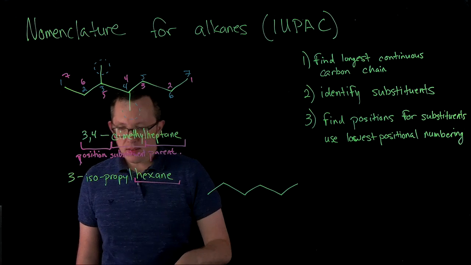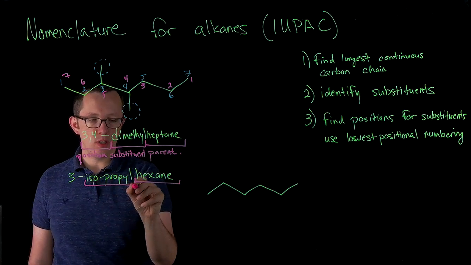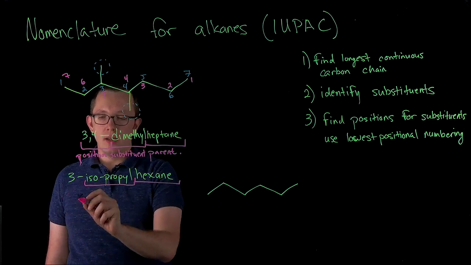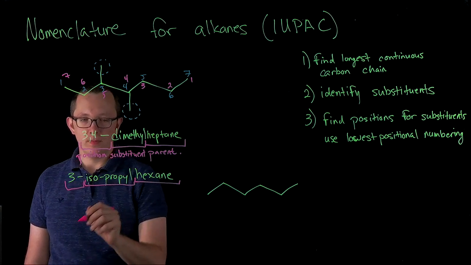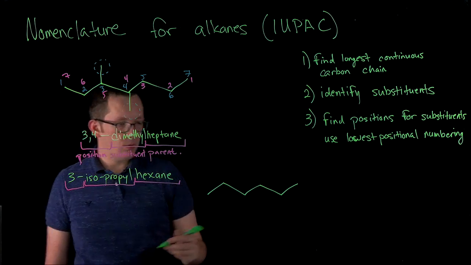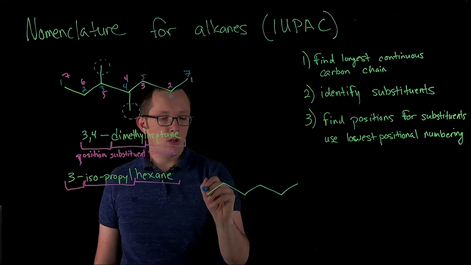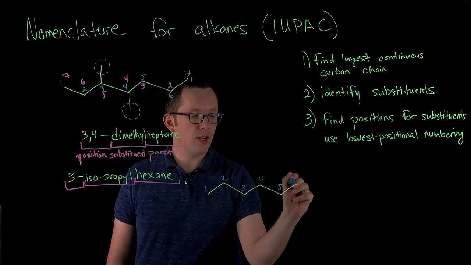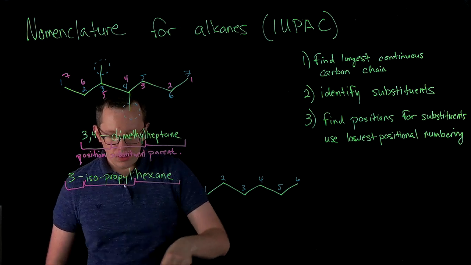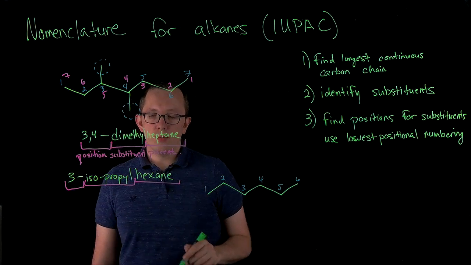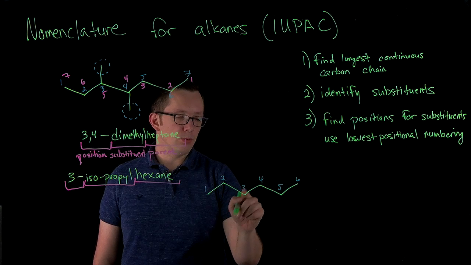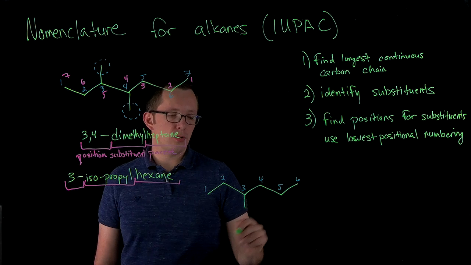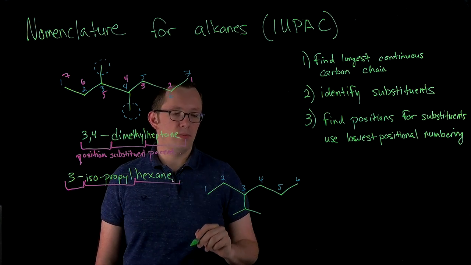Okay? Next, we have our substituent. Our substituent is the isopropyl group, and it's going to be at the 3 position. Okay? So here, if we number our carbons in this chain, we have 1, 2, 3, 4, 5, 6. And if we add an isopropyl group at the 3 position, 1, 2, 3, we'll add a 3-carbon substituent, and it's an isopropyl substituent, so we know it's going to be branched.